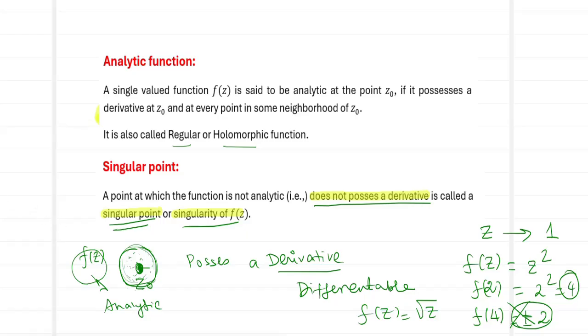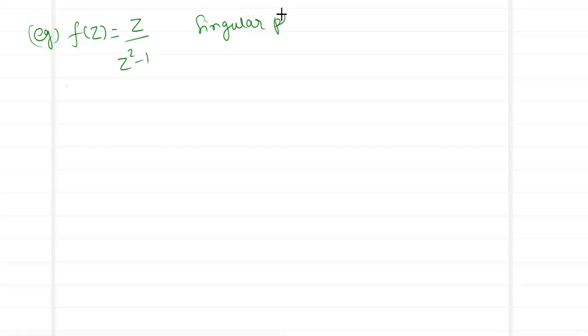So can we have some example for singular points? We will have this example. Check if f of z is equal to z by z square minus 1. What are going to be the singular points of this function f of z?